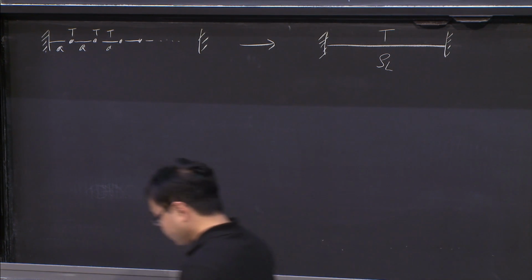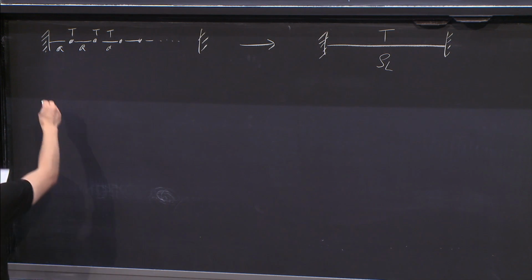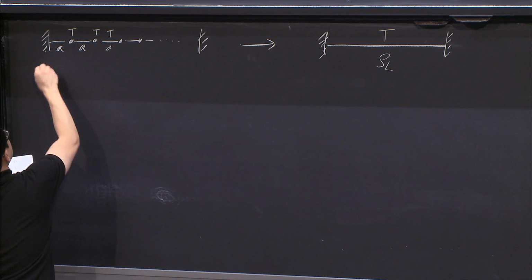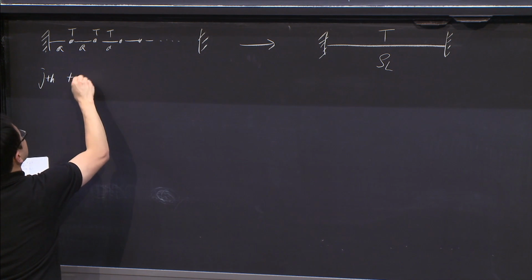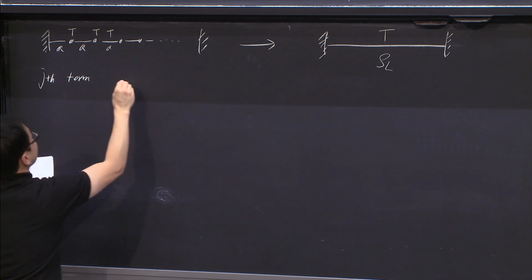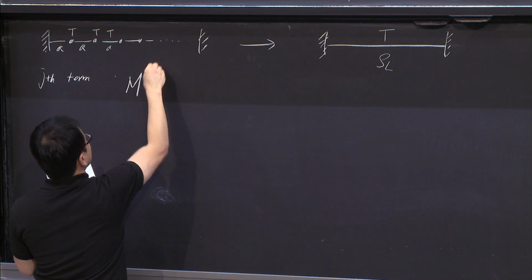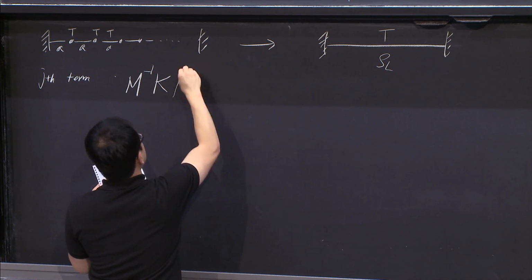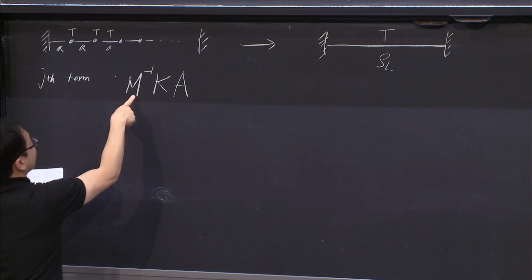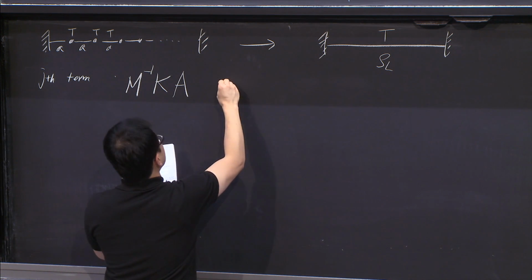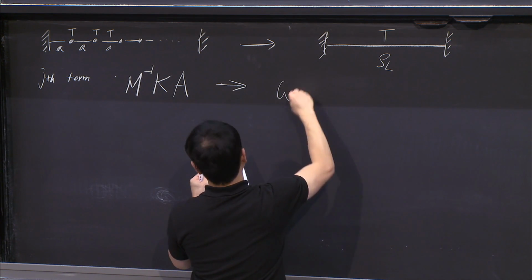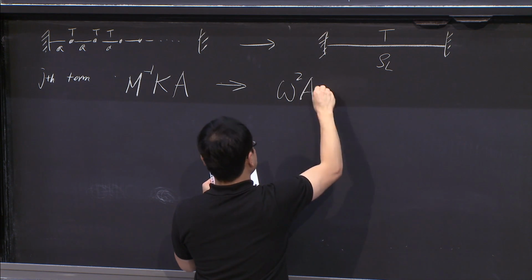Okay? So, just a reminder of the j-th term of the m-1 k matrix operation. Basically, we have m-1 k times A. The j-th term of m-1 k A is given by omega squared a_j.